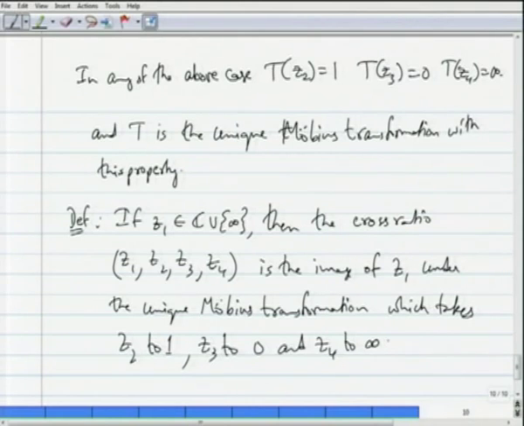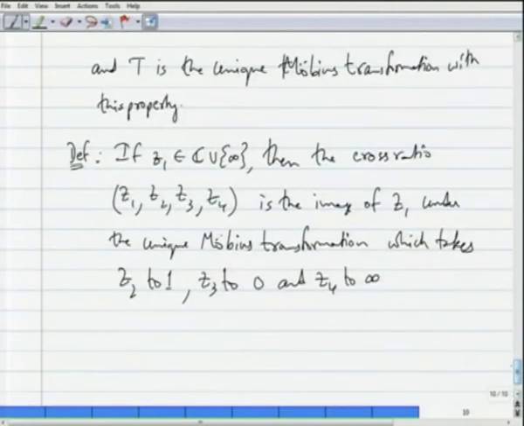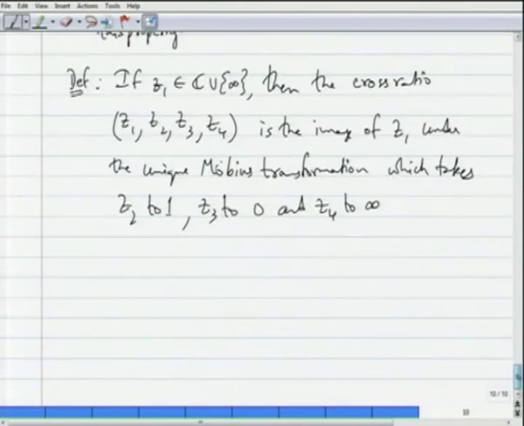Okay. So, we have defined such a T, and then the cross ratio (Z1, Z2, Z3, Z4) is essentially the image of Z1 under this Mobius transformation. Okay. So, we will see that this notation or this quantity is very useful. We will capture some properties of this cross ratio.